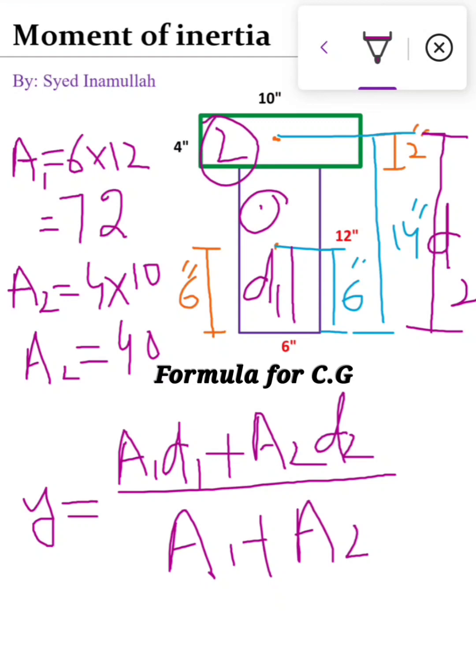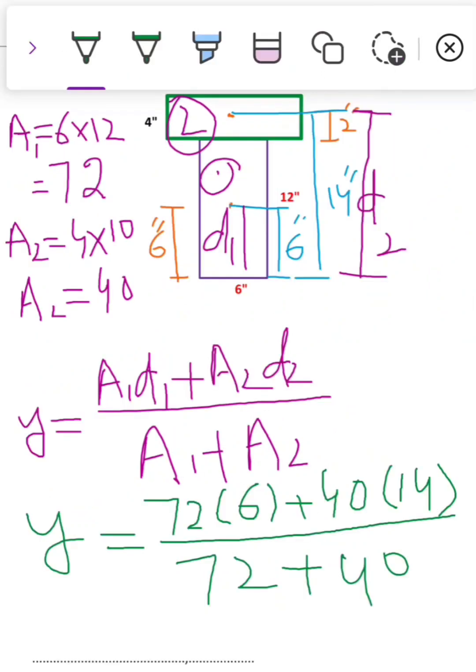For A1 it is 72 and d1 is 6 inches, A2 is 40 and d2 is 14 inches. I substitute the values of A1, d1, A2, d2 as 72, 6, 40, 14 respectively. So by calculation we will get y bar equal to 8.9 inches from this bottom.